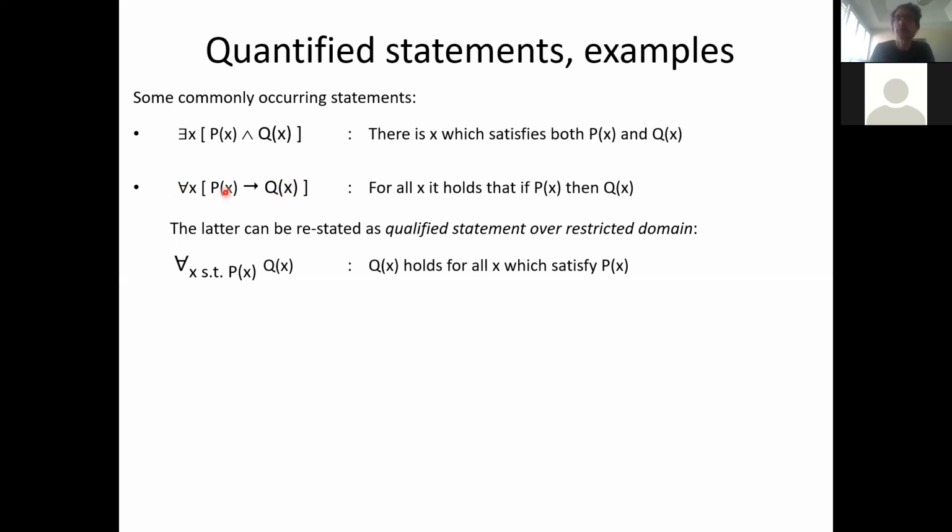Not the other way. For example, 6 is a multiple of 2, but it's not a multiple of 4, right? So the two predicates are not equivalent, but one implies the other on all elements in the domain. This implication can be put in a different form, namely this one.